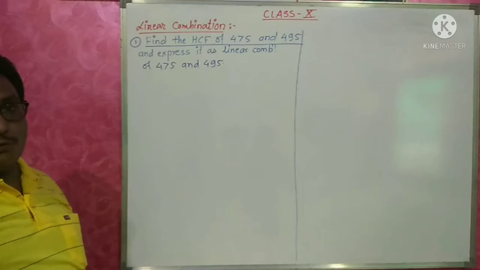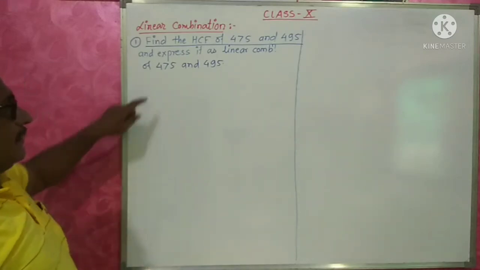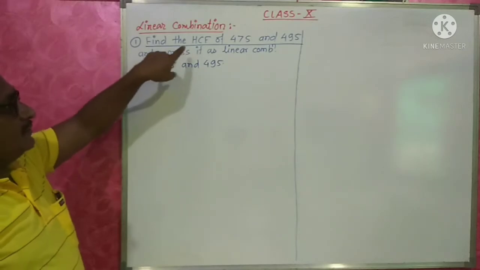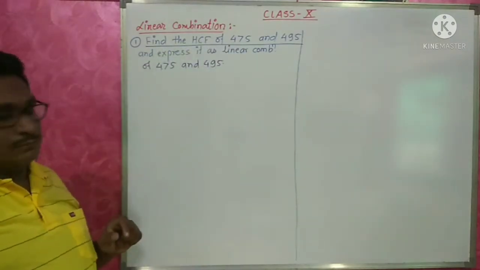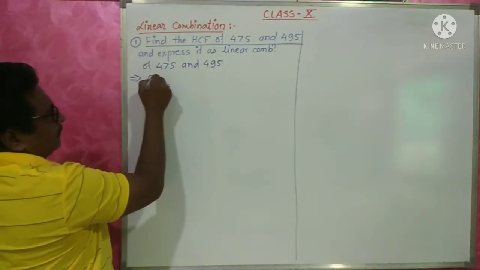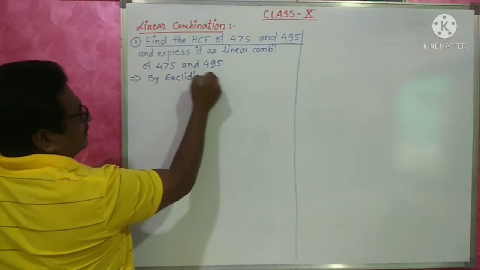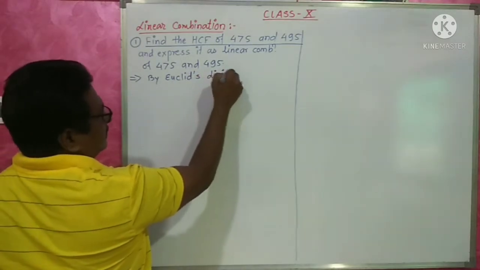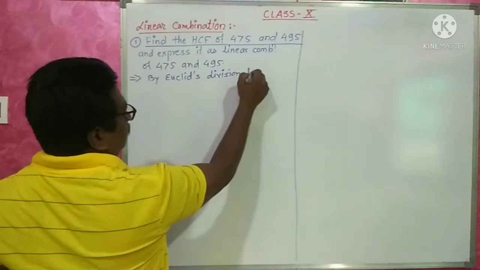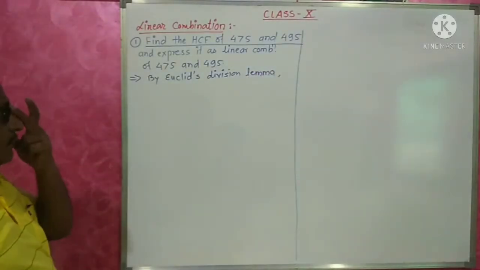So by Euclid's division lemma, first we have to find the HCF of these two numbers. So what is the Euclid's division lemma?